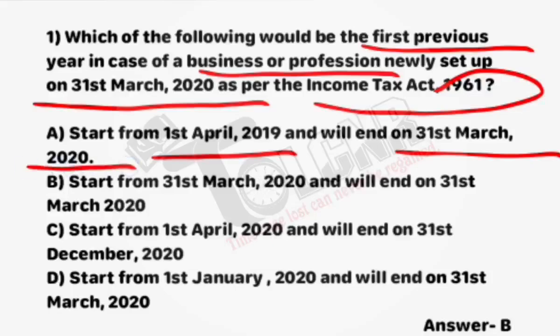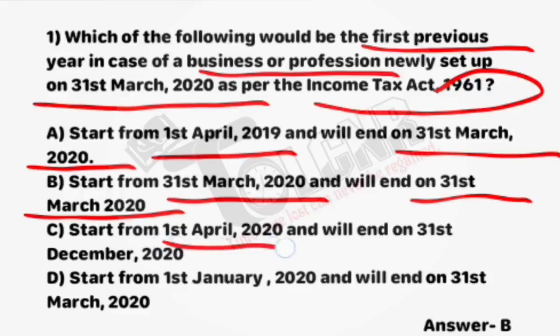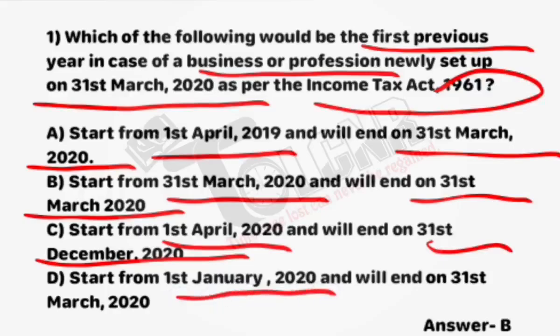B option is starts from 31st March 2020 and will end on 31st March 2020. C option is start from 1st April 2020 and will end on 31st December 2020. D option is start from 1st January 2020 and will end on 31st March 2020.